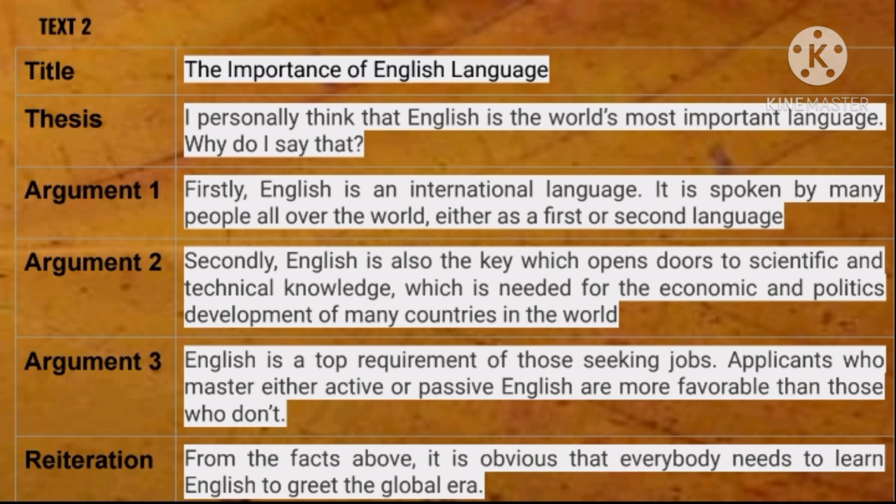First, English is an international language. Second, English is also the key which opens doors to scientific and technical knowledge. And the third argument, the writer said that English is a top requirement of those seeking jobs. And in the last paragraph, there is reiteration. The writer said that it is obvious that everybody needs to learn English to greet the global era.